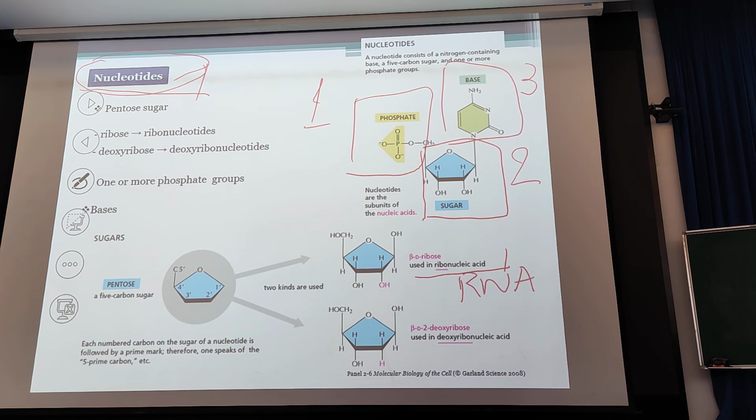And we have the deoxyribonucleic acid, we have DNA. So DNA and RNA are different in the types of sugars and also different in the base.